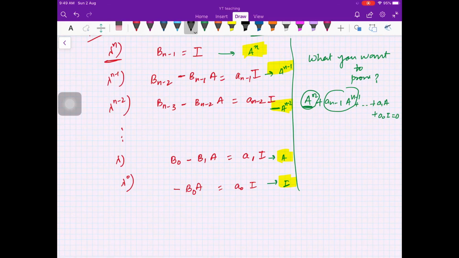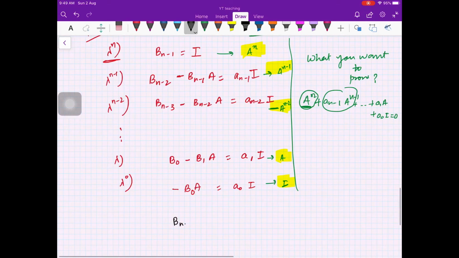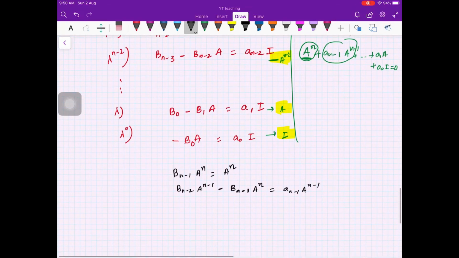You multiply from right hand side, so you'll get B_{n-1} A^n is equal to A^n. Now you multiply the second term, you will get B_{n-2} A^{n-1} minus B_{n-1} A^n is equal to a_{n-1} A^{n-1}. What will be your third term?